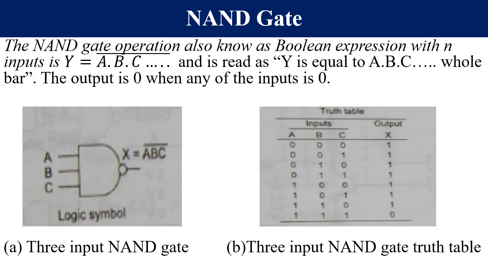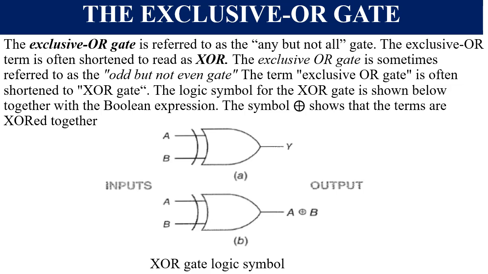Whole is showing that A, B, C are all covered by the not sign or by the bar. So from the truth table, you can see that the output is 0 when all the inputs are high. Please take note, a NAND gate can have 2 or more inputs.